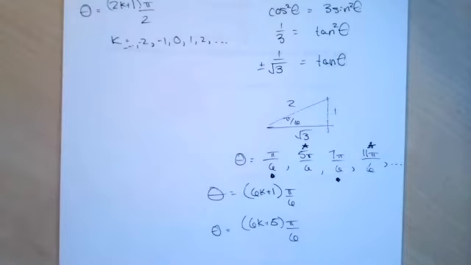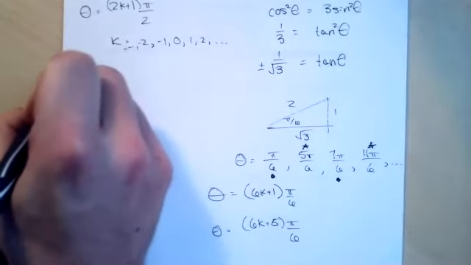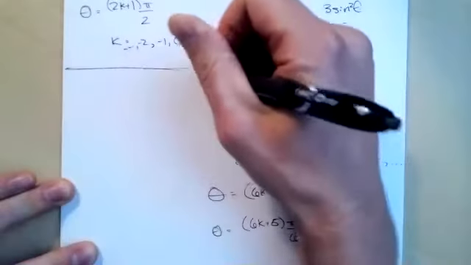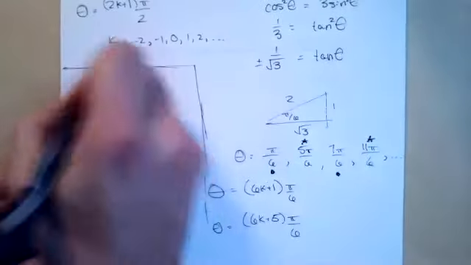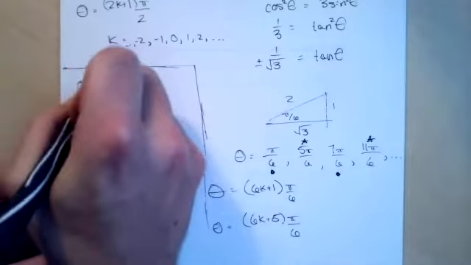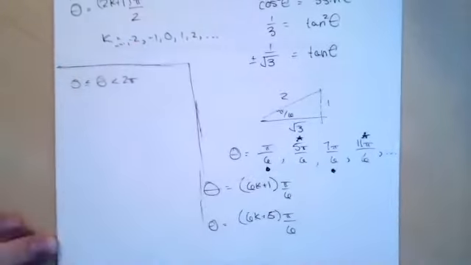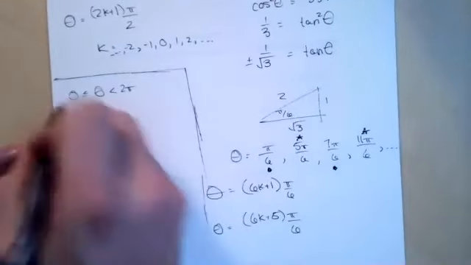Let's suppose we actually just want these specific values. It's going to be enough to simply do one full loop. Meaning, if we want just between 0 and 2 pi, maybe we can pick out those values. So what are we going to have from our first solution?